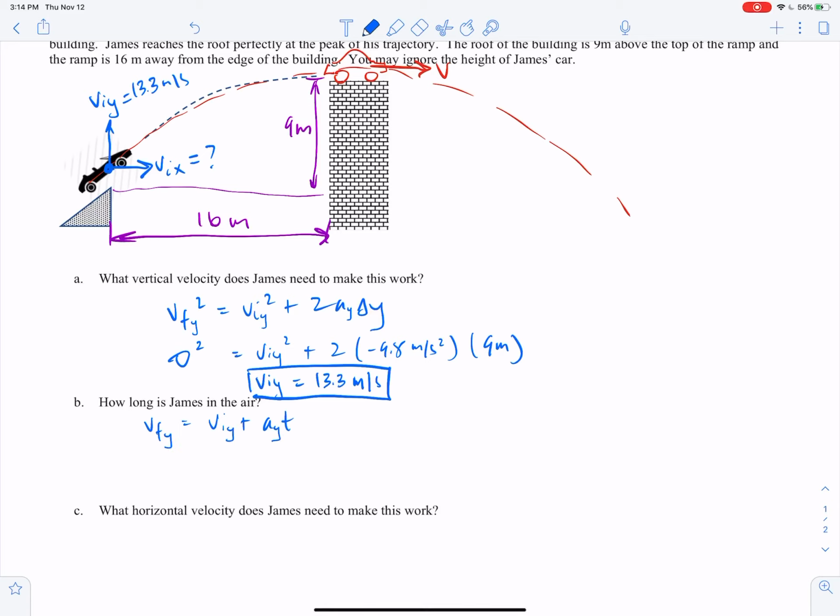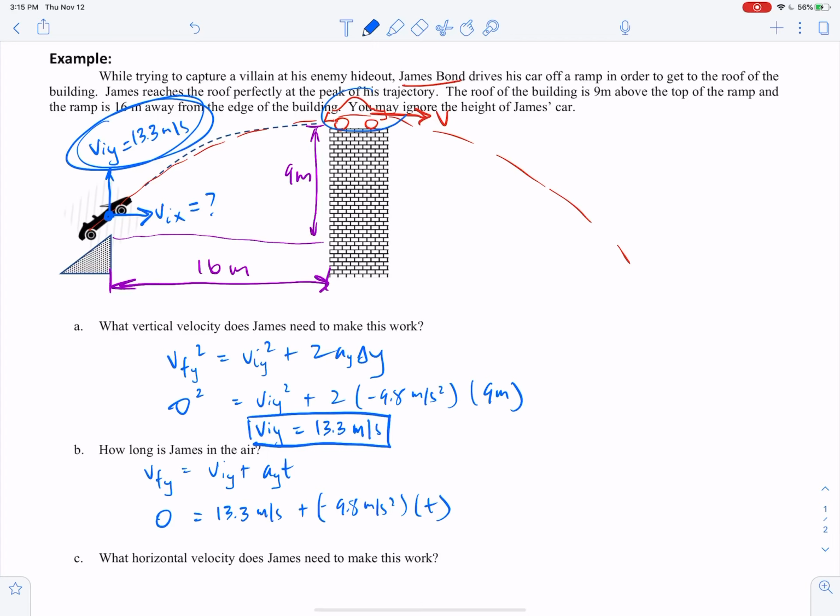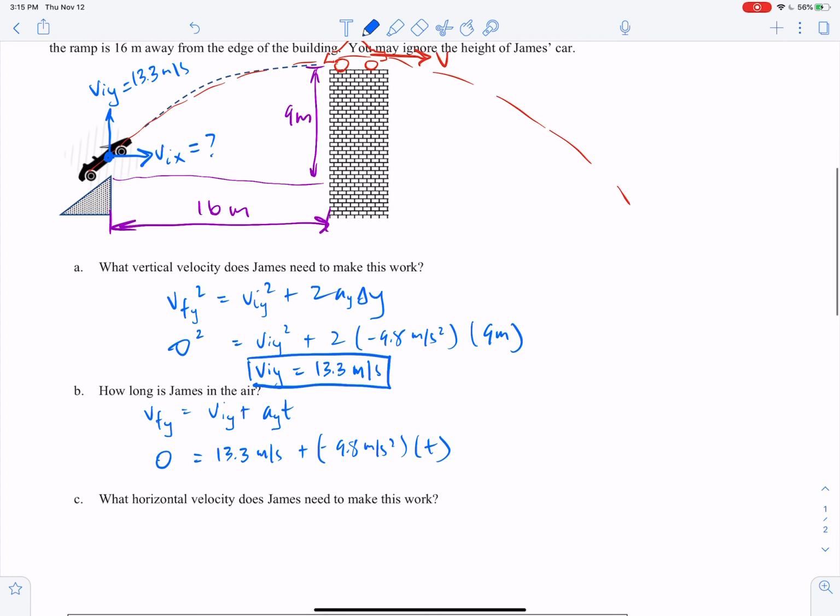The initial vertical velocity we just found, 13.3 meters per second, accelerating downwards at negative 9.8 meters per second squared, and then the time. So this is the time that it takes to bring the velocity from 13.3 to 0 at this point. How much time does it take to see that velocity change? So this time is going to be 1.36 seconds.